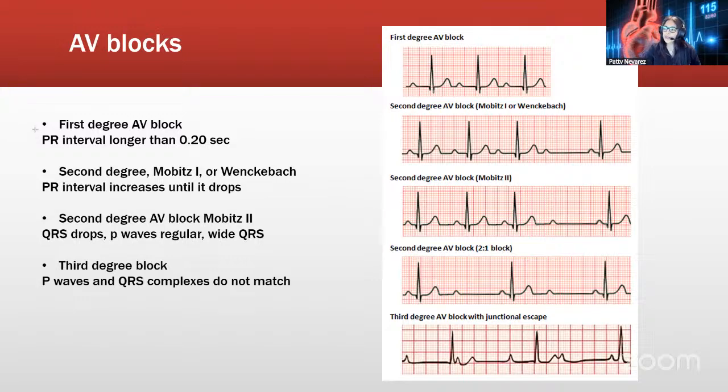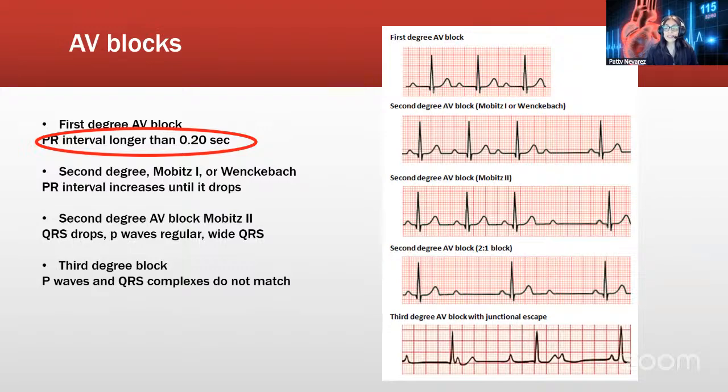For first degree AV block, the characteristic that we have is the PR interval is going to be longer than 0.2 seconds. We already went over the small squares, the large squares. So 0.2 seconds is going to be 5 little squares or 1 large square.